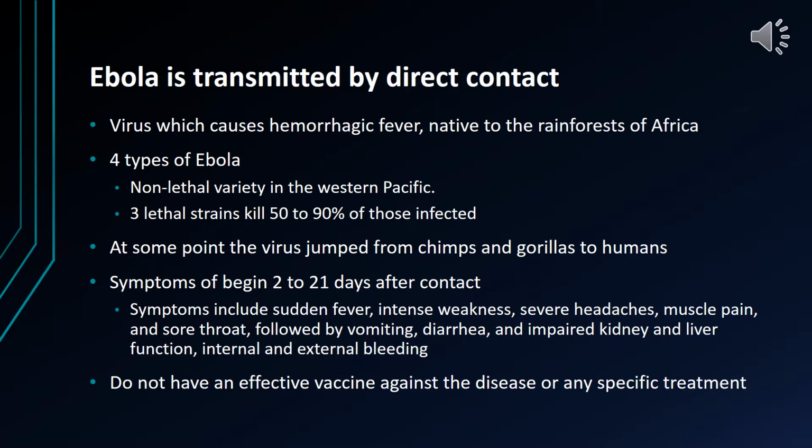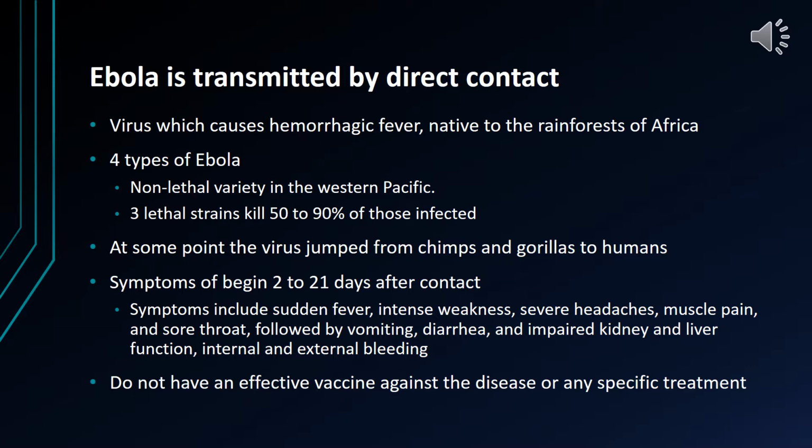There are actually 4 types of Ebola. There is a non-lethal variety that actually lives in the western Pacific, and then there are 3 lethal strains which can kill from 50 to 90% of the people they infect. And this virus originated in chimps and gorillas, and we're really not sure at what point it jumped to humans.